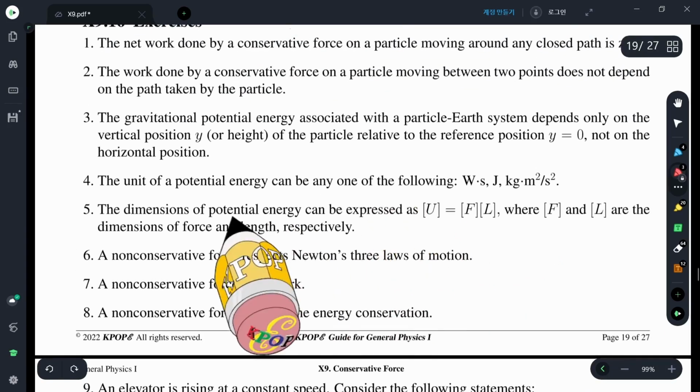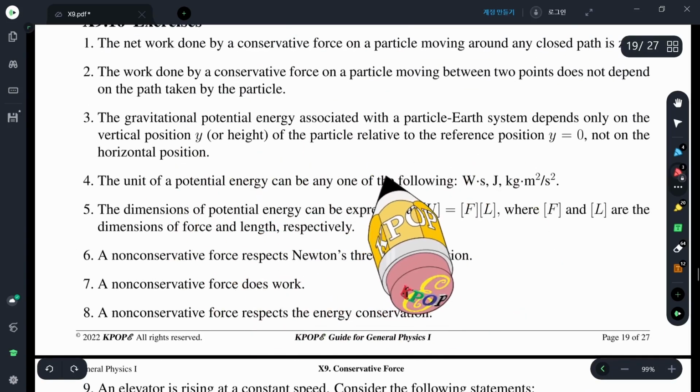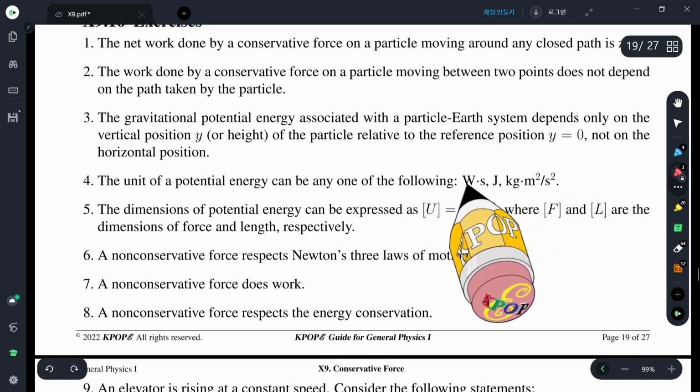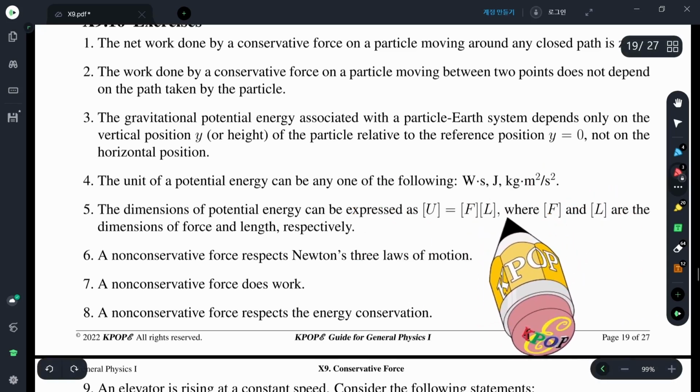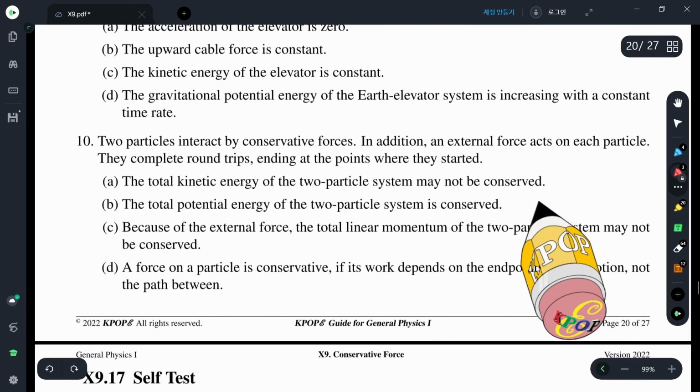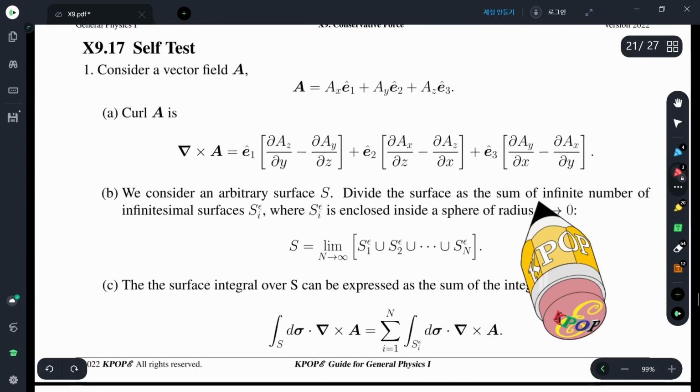Always, if you encounter some new physical variable, you are advised to analyze the dimensional structure and look for useful SI units. Self-test. Here we mainly consider the Stokes theorem.